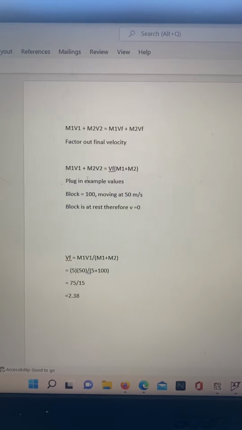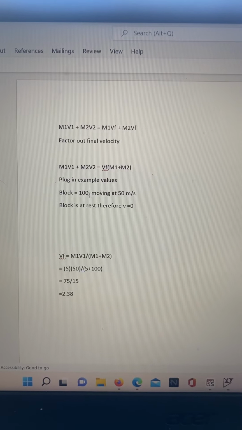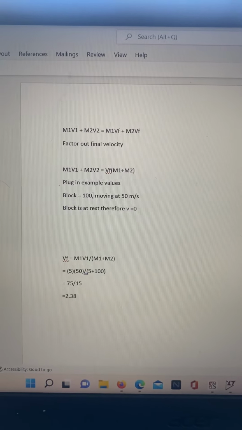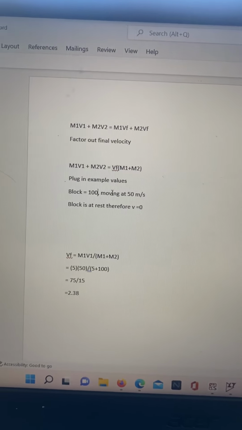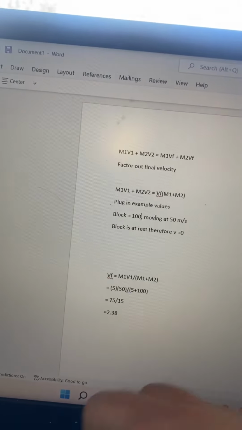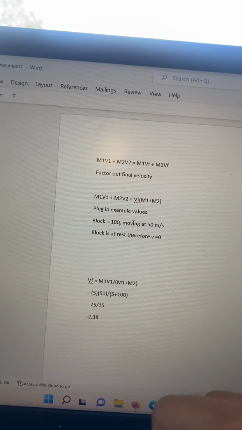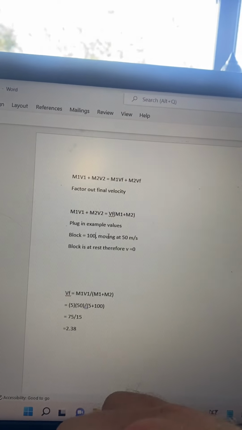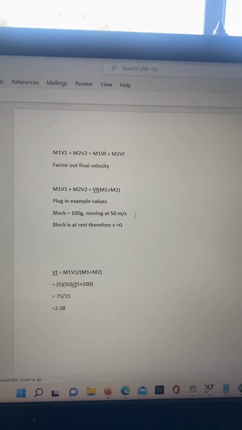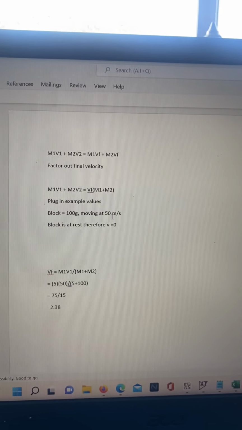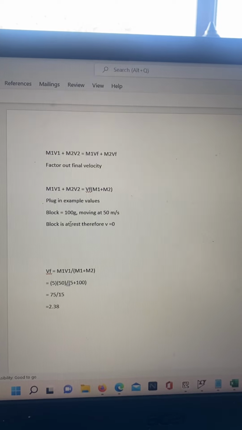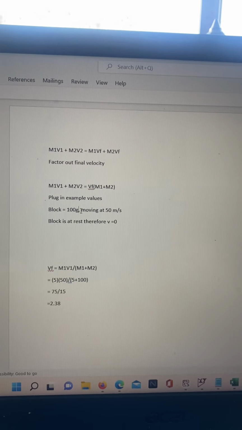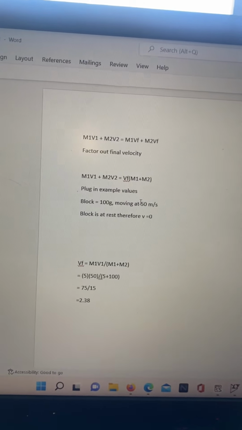Now, I'm just going to use a couple example values. So we have the block right here. This is going to be 100 grams. When I plug it into Matlab, I'm going to have to plug it in as kilograms. That's just how I wrote my program. And then we have the bullet's velocity.